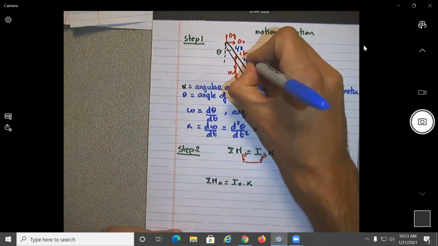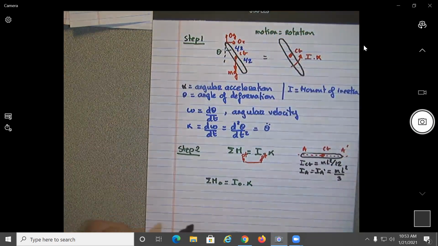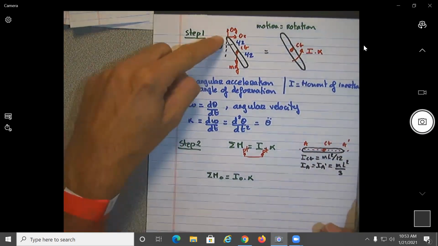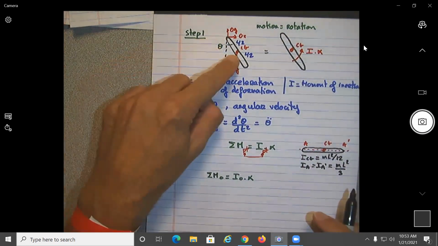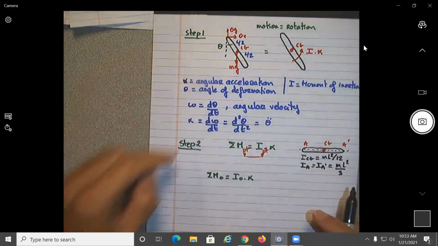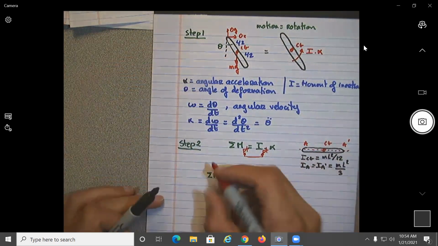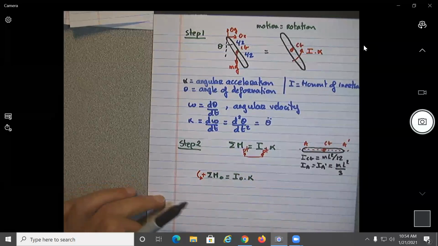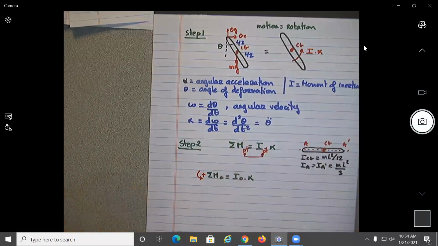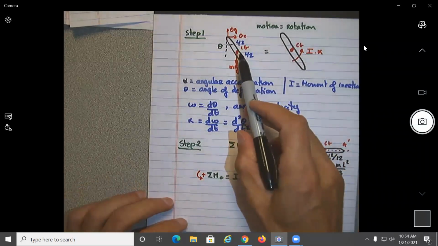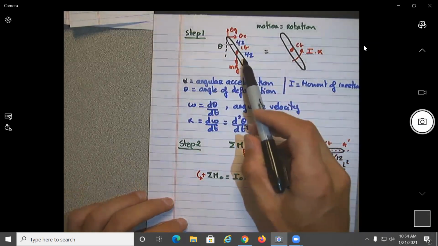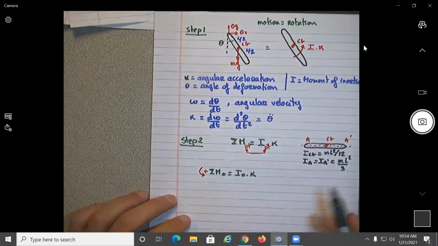This will be L over 2, this will be L over 2. Now, if we take moments about point O, what would be the moment created by the force mg? Counterclockwise is always positive, this is the normal sign convention. Is the moment created by mg positive or negative? It's going to make it go clockwise, so it should be negative.